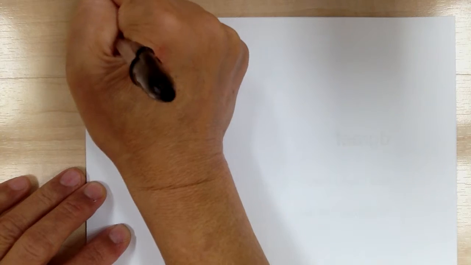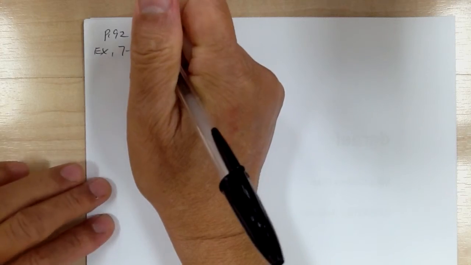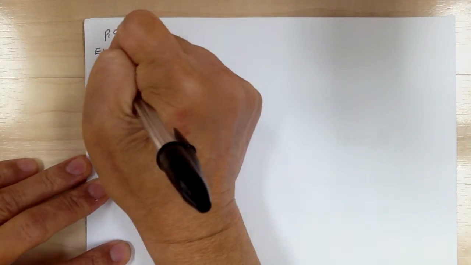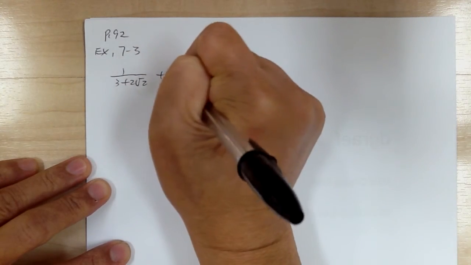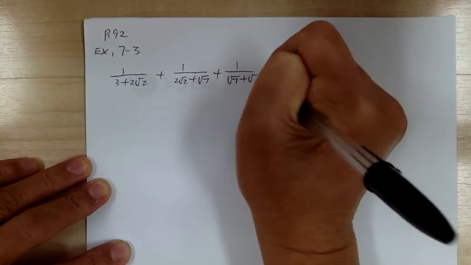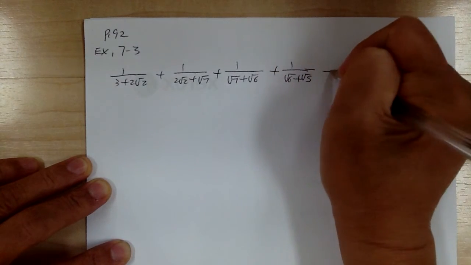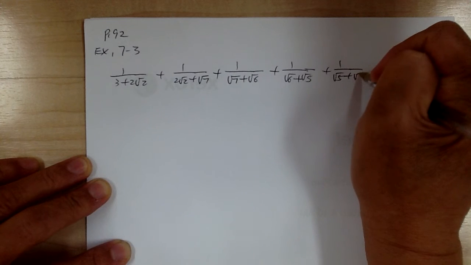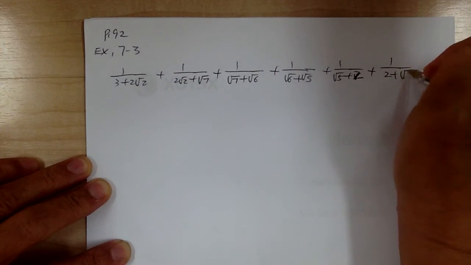Okay, let's go to example 7-3. You want to find the sum of 1 over (3 plus 2 square root of 2) plus 1 over (2 square root of 2 plus square root of 7) plus 1 over (square root of 7 plus square root of 6) plus 1 over (square root of 6 plus square root of 5) plus 1 over (square root of 5 plus 2) plus 1 over (2 plus square root of 3).